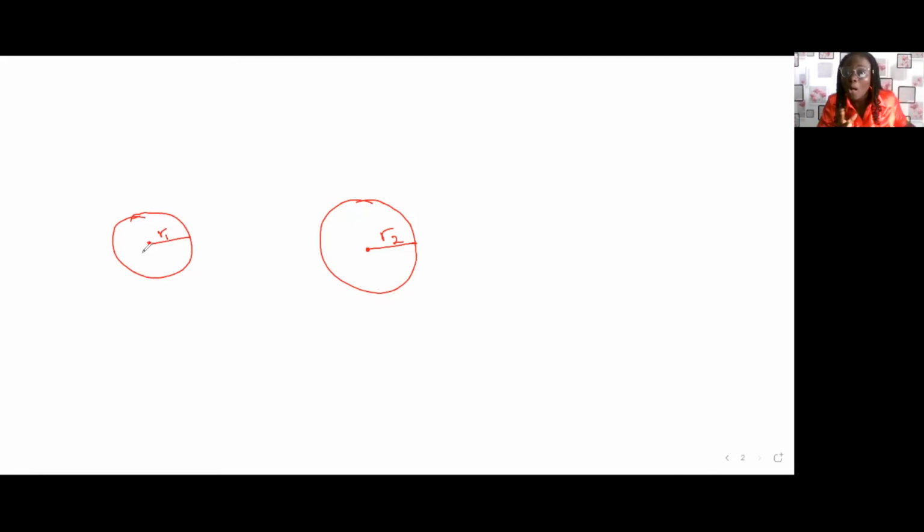So if you have two balls of different sizes, which of them do you think will occupy a larger area? The bigger one. So with this, we can also say that area is directly proportional to r squared. We proved this in one of our lessons. Go there and refer. So A is directly proportional to r squared. Introducing our constant K, we are going to have A is equal to K r squared.